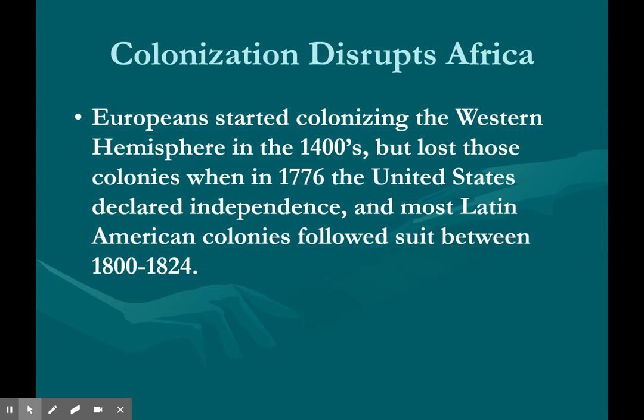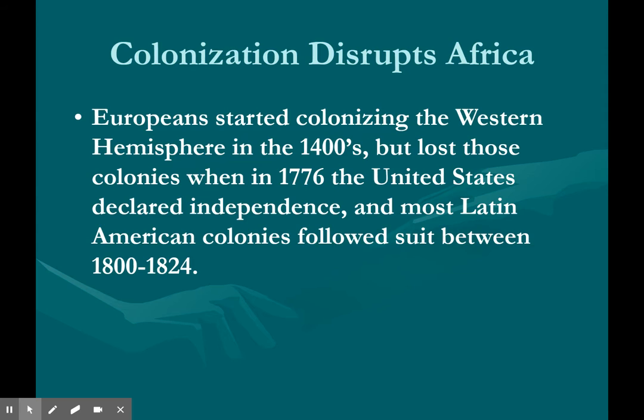Europeans started colonizing the Western Hemisphere in the 1400s, but lost those colonies when in 1776 the United States declared independence, and most Latin American colonies followed suit between 1800 and 1824. So Europe had lost its control over Latin America and the United States, and they started to shift their focus elsewhere.